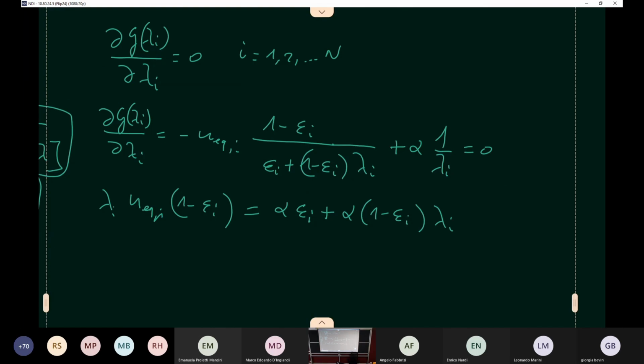And so from here we obtain that lambda is equal to alpha epsilon over, in the denominator, 1 minus epsilon I that multiplies. I'm bringing everything on the left, so it will be u equivalent I minus alpha.